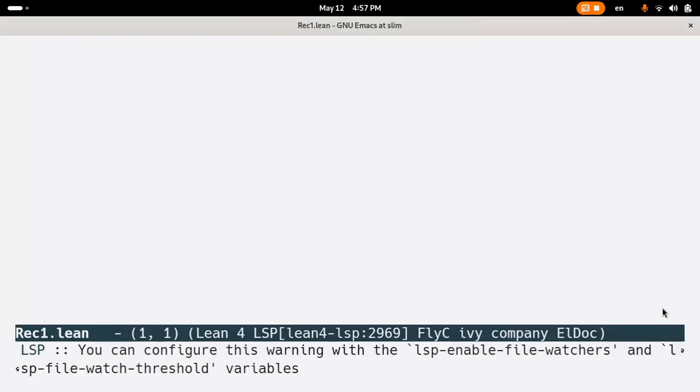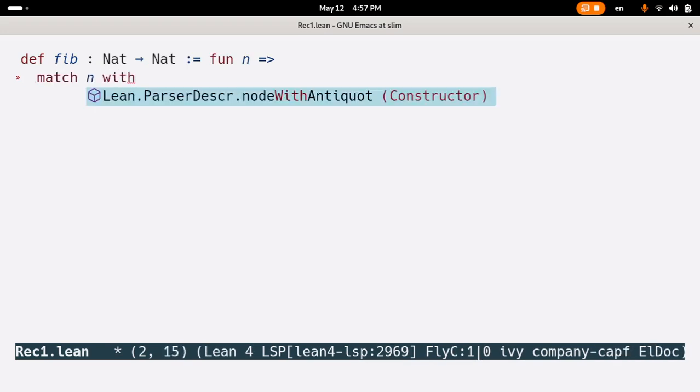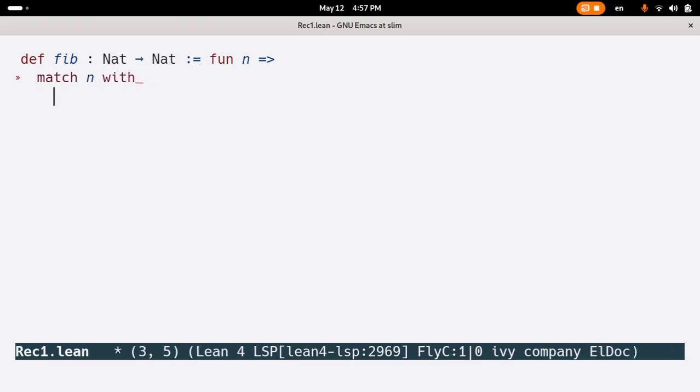Hello, let us begin by writing the Fibonacci function that maps natural numbers to natural numbers. So we take the input n, and as before, we use match to split our computation into exhaustive cases.